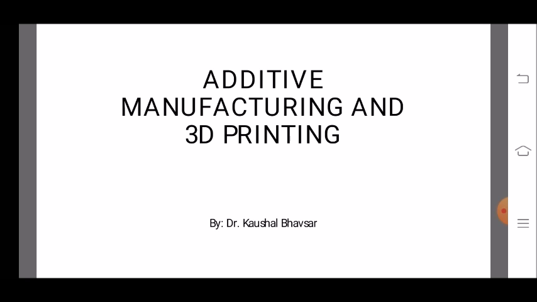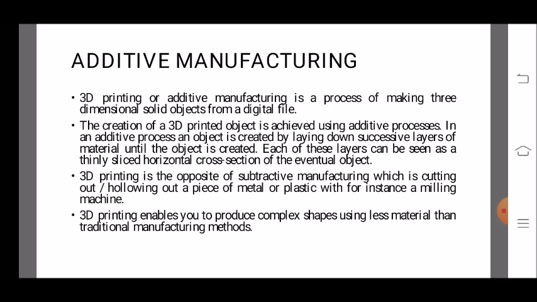The creation of a 3D printed object is achieved using additive processes, in which we define successive layering of material until the object is created. Layers are joined by heat of the material. We can go for complex shape manufacturing by using the material which is exactly the requirement of the product.